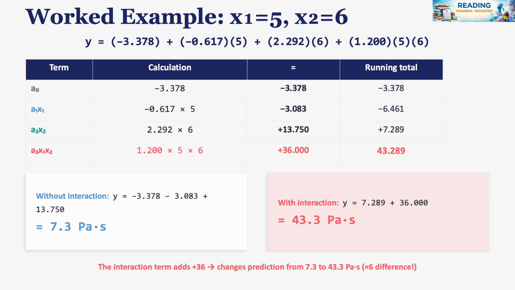Now add the interaction part, which is 1.2 times 5 times 6 equals plus 36. And the final answer is 43.3 Pascal seconds. So without the interaction term, you would predict 7. The actual value is 43. So that is a 6-fold error. And the interaction term, therefore, is not optional because of this difference.